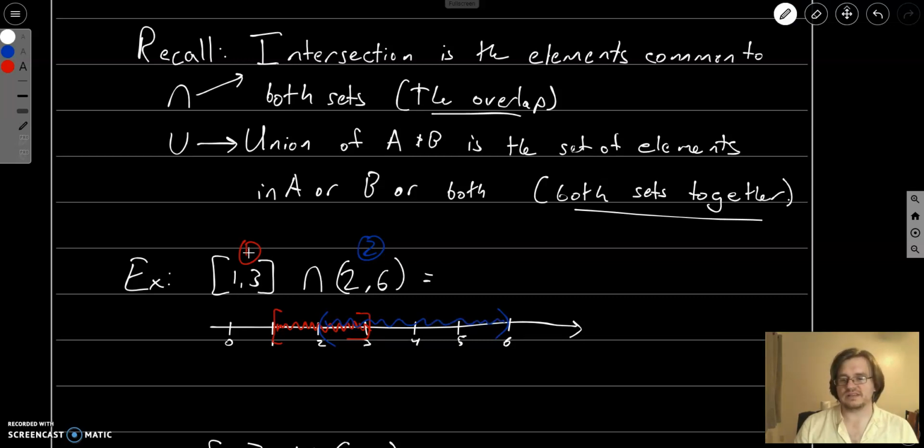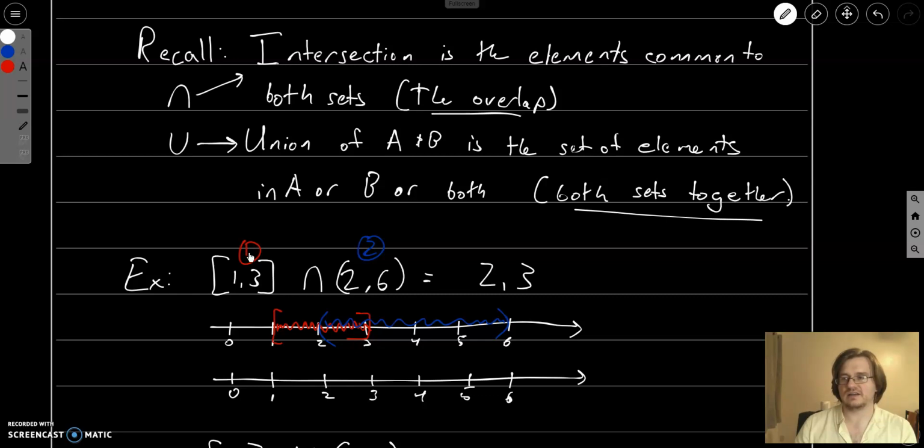So what we want is the intersection. So we want where these intervals overlap, and we can see that they will overlap from 2 to 3. Okay. So this much is clear. However, the question is, do we include 3 or do we include 2? Which ones do we include and not include?